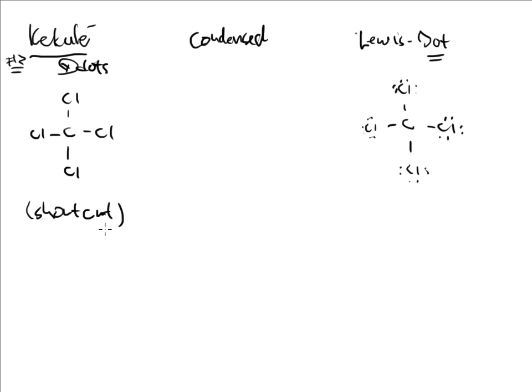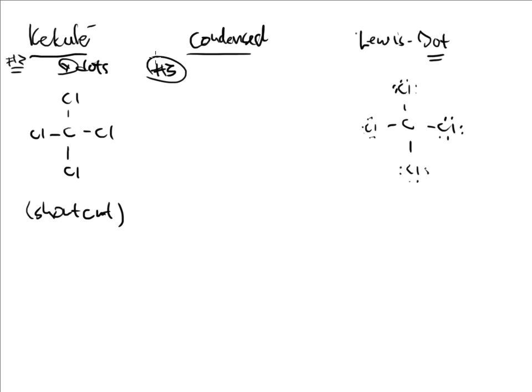A little bit later down the road, someone came around and said, you know what? Lewis dot structures are a lot of trouble. You've got to draw all those dots. That's not fun. Nobody wants to do that. We want to get to the point. The Kekulé structure made a step in the right direction, but there's a chance that I don't need the actual full-blown structure.